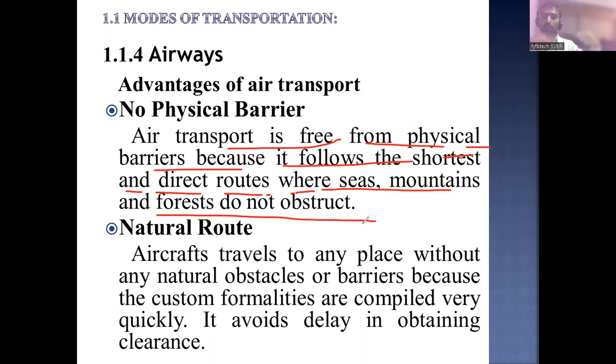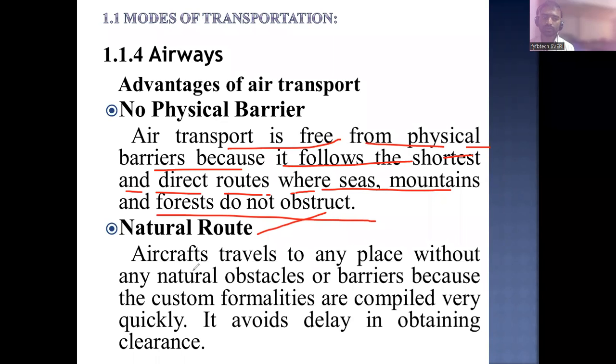If there is a mountain, that will be an obstruction for the roadways, waterways, and railways. But such obstruction will not come in airways because the aeroplane goes at a very high elevation, so there will not be any mountains, trees, forests, or oceans. So it will not face any physical barrier.